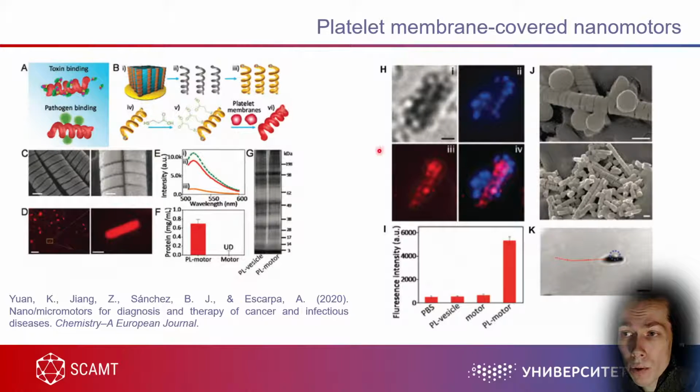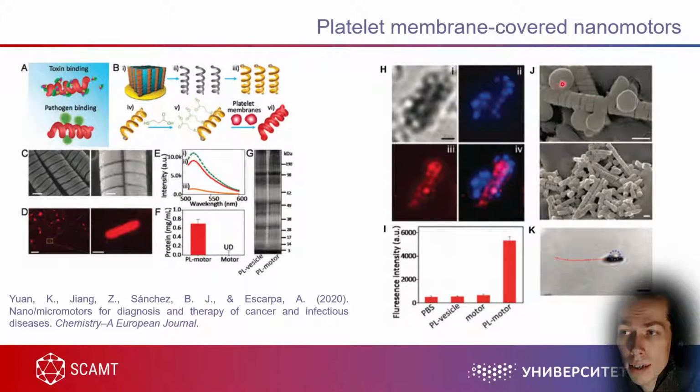Why do you need such a complex formulation as a spiral coated in platelet membranes? Well, because you can use them as a sorbent for bacteria. So as you can see, nanomicromotors for diagnosis and therapy of infectious diseases. Platelets have a natural ability to bind some bacteria, and if you have some spirals coated in platelet membrane, these spirals again have ability, maybe not very natural, but still they have ability to bind some bacteria on their surface.